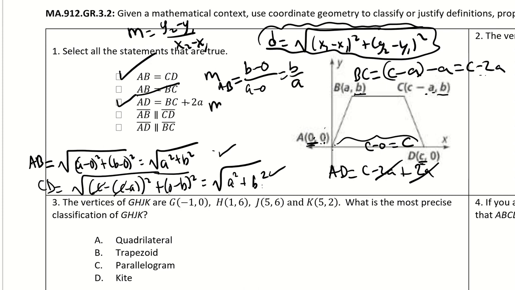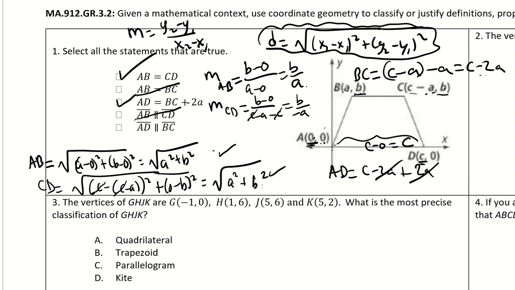All right, and then the slope of CD is b minus 0 over c minus a minus c. Which the c's cancel, so you get b over negative a, which is not the same thing as that. Remember, for two lines to be parallel, they have to be the same. So this is not true.